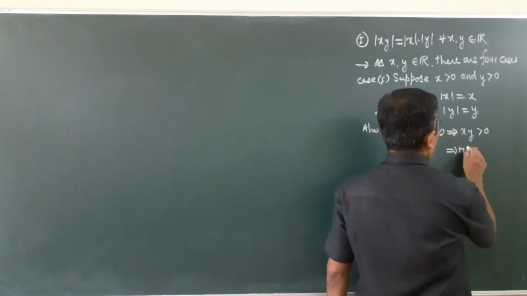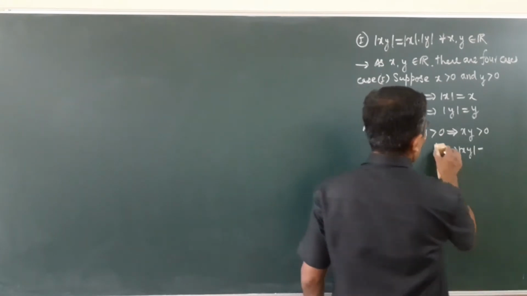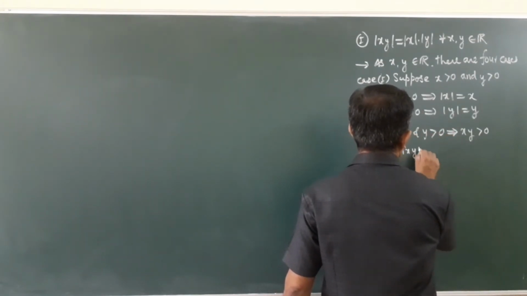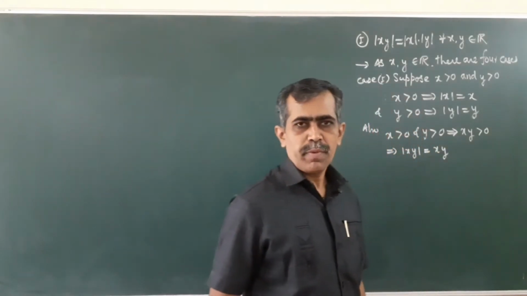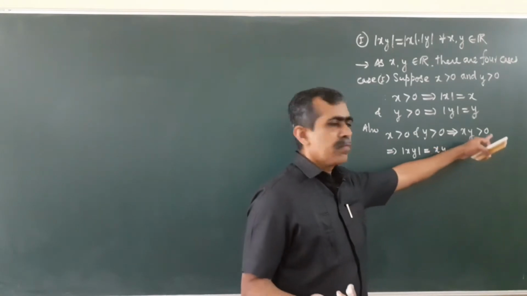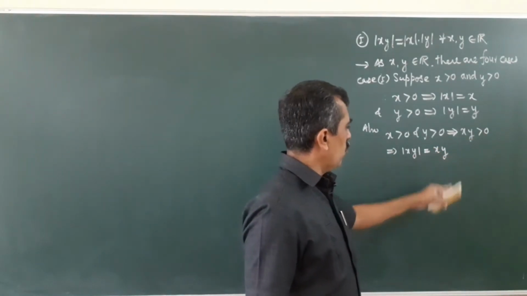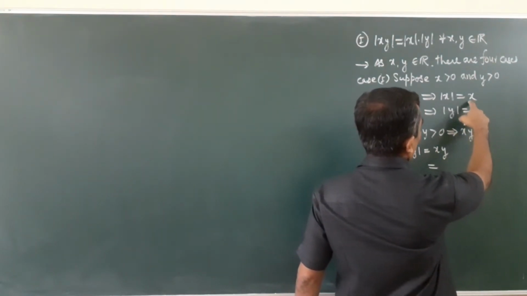Therefore, mod of xy is equal to xy, because xy is greater than 0. It is a new positive real number, so its modulus is itself. But what is x?